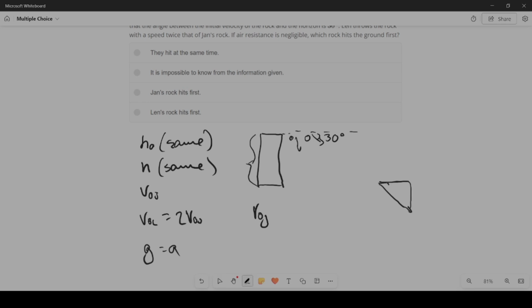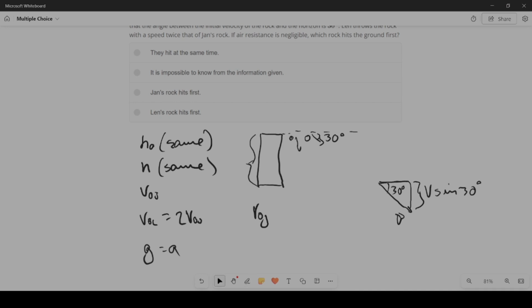This is 30 degrees. And so the y component of this velocity is this, which is going to be v sine of 30, the magnitude of the velocity times sine of 30.